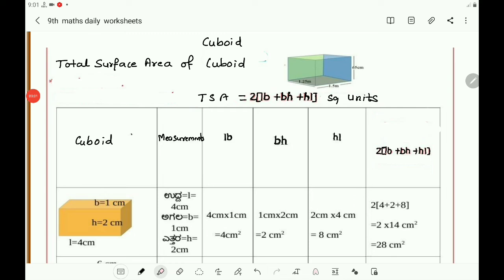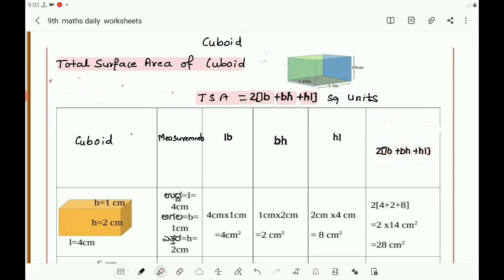Next, about the total surface area of the cuboid. What is the formula to find the total surface area of the cuboid? TSA, total surface area of the cuboid, equals 2 into LB plus BH plus HL.